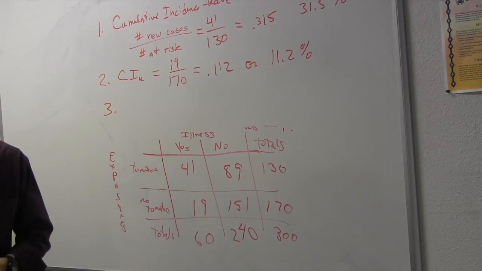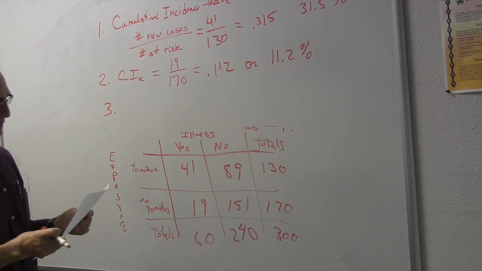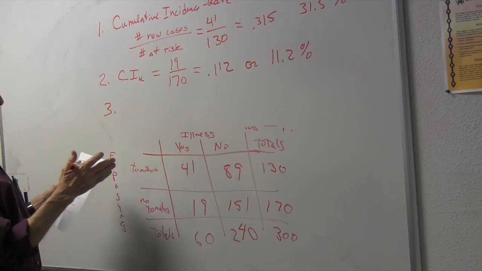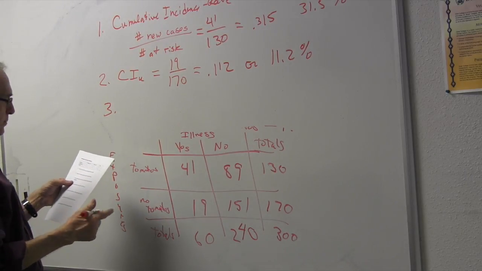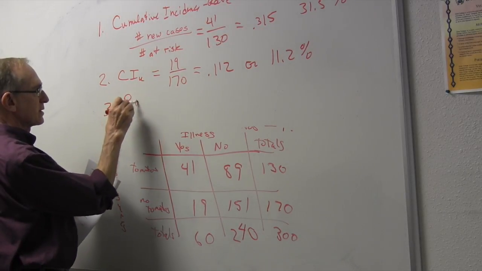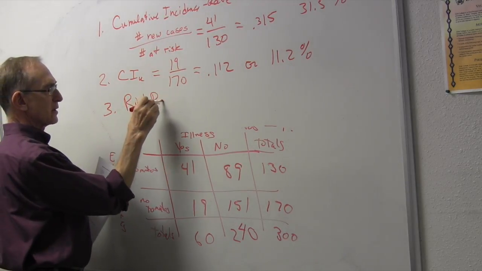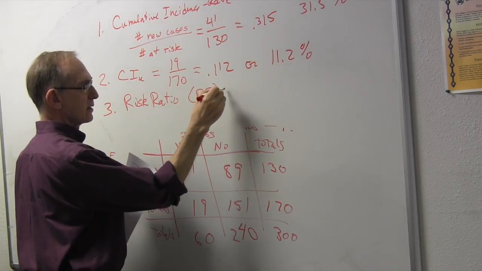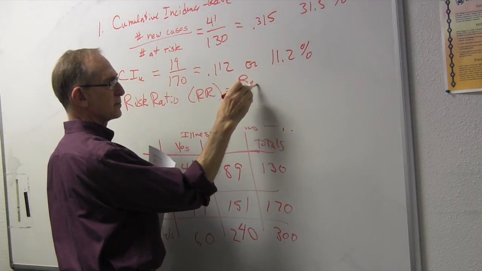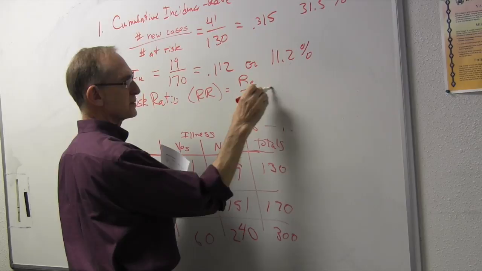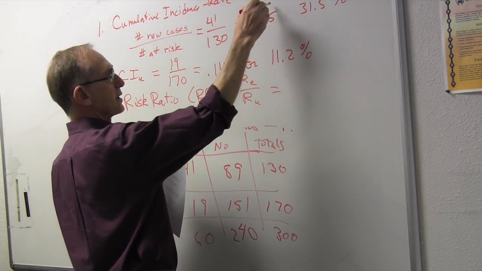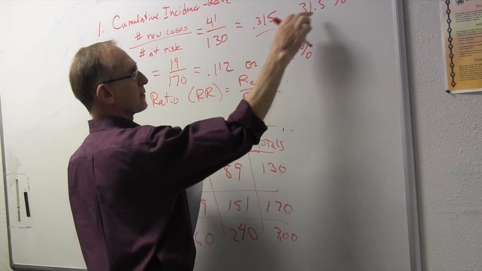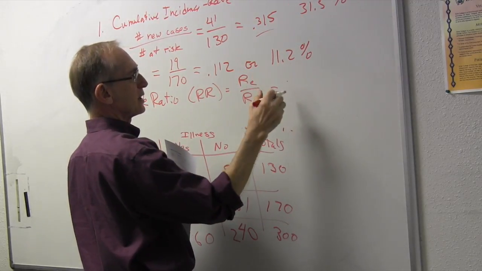And of course our third question gets directly at the relative measure of comparing here. The relative measure meaning the ratio, risk ratio, or RR, which is the rate in the exposed divided by the rate in the unexposed. So we just use the numbers we came up with here. You can use either of these forms, but make sure you use the same ones.